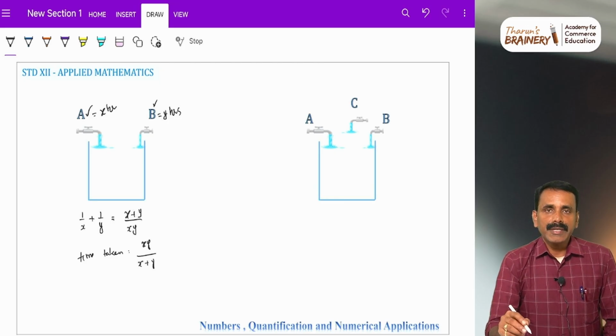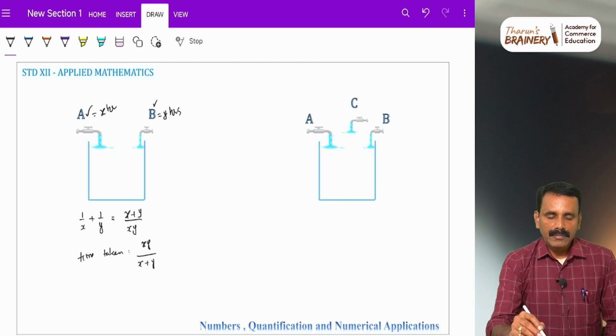Suppose we have 3 taps. Pipe A takes X hours to fill, pipe B takes Y hours, and pipe C takes Z hours to fill the tank individually.